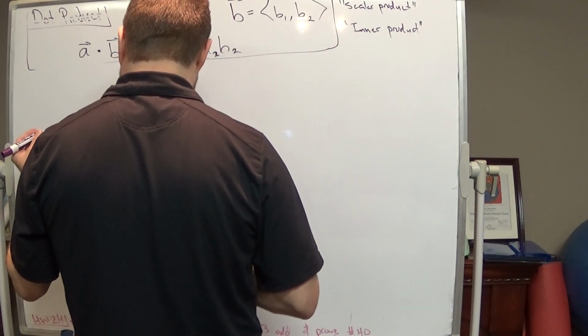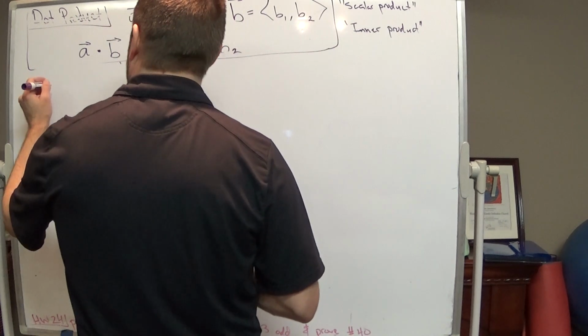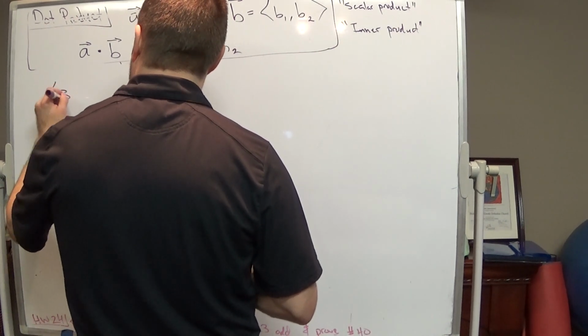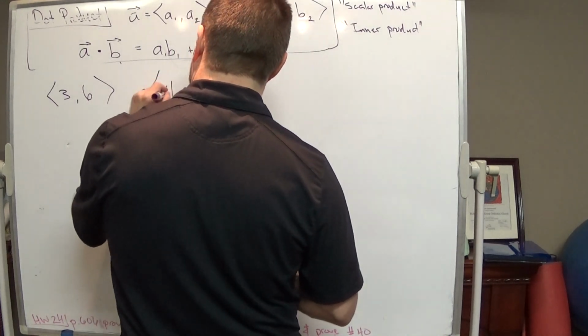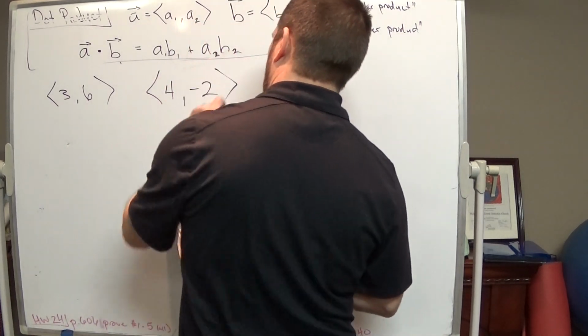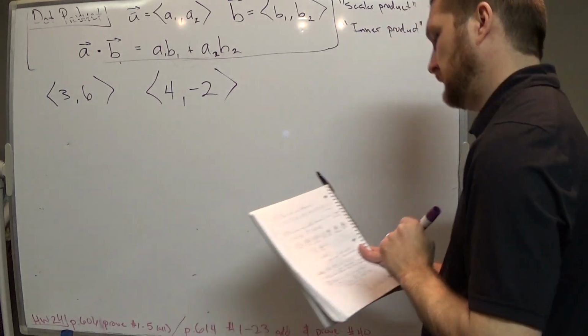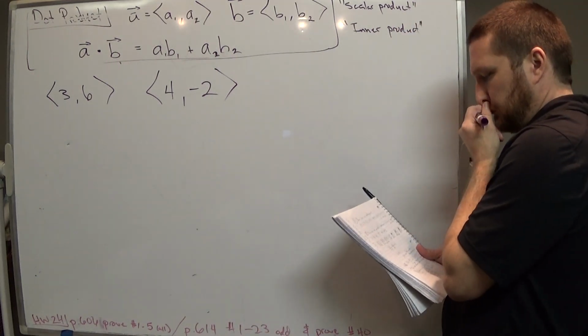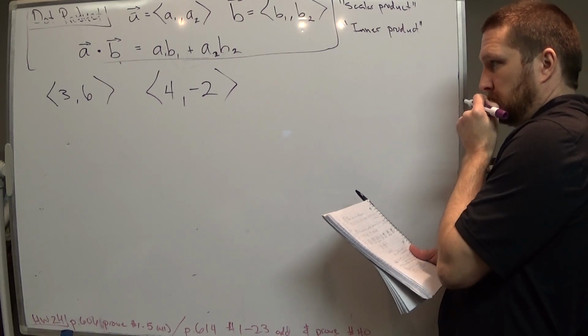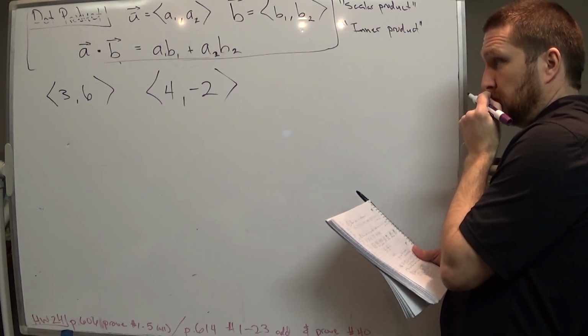Those are certainly things. So we want to show that these two vectors are orthogonal. Here they are, 3 comma 6 and 4 comma negative 2. How can I show that they're orthogonal? What do I need to do? Show that a dot b equals 0.